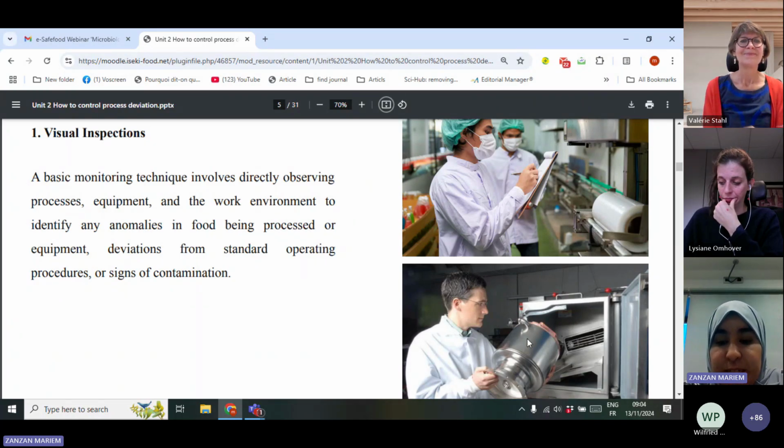Here we see that the workers try to detect any irregularities from machinery or from the key areas during the production to anticipate any problem.